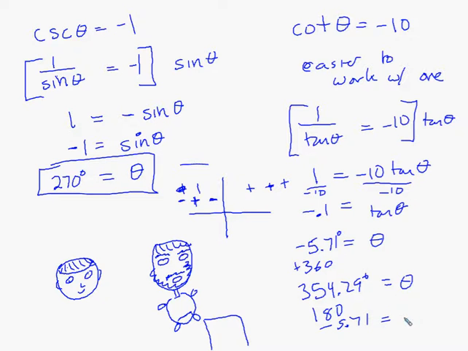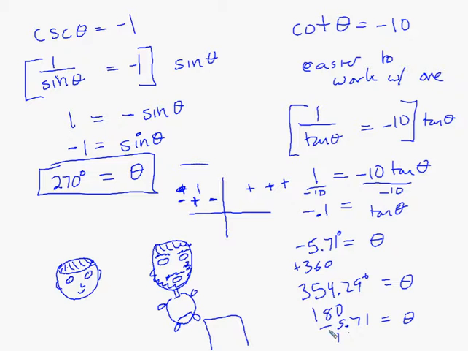Subtraction is what gets us. I need to go back to 185.71. That doesn't make sense. 174.29.